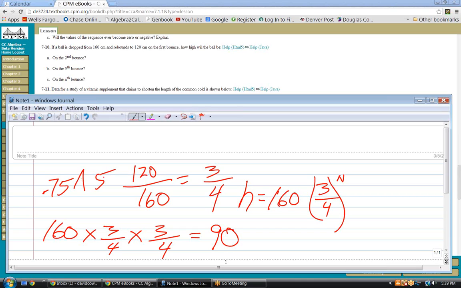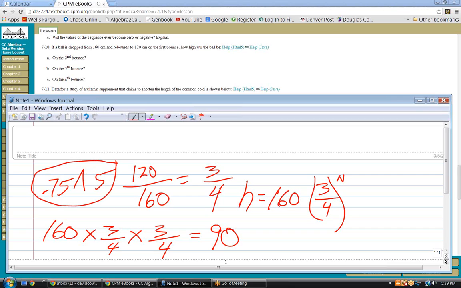And raise it to the 5th power will be 3/4 to the 5th power. I got it. So then you have to do, wait a minute. If you do 0.75 to the 5th power, multiply that number by 160, you'll have what it is on the 5th bounce.